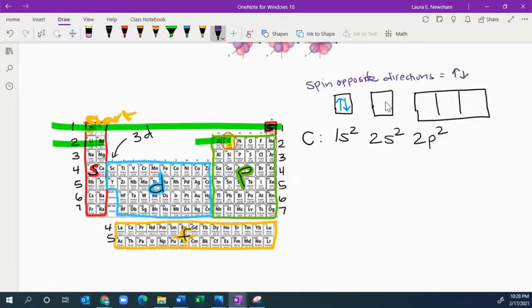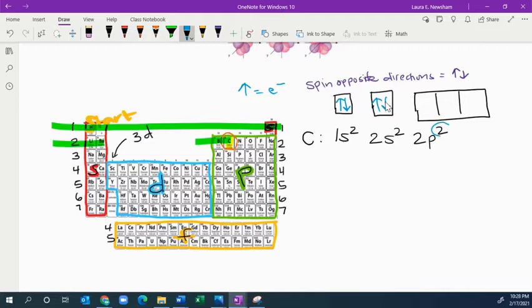That's that opposite directions. Notice I don't have more than 2 arrows in a box because our max is 2 electrons. So side note, an arrow is representing an electron here. So that electron is that arrow.